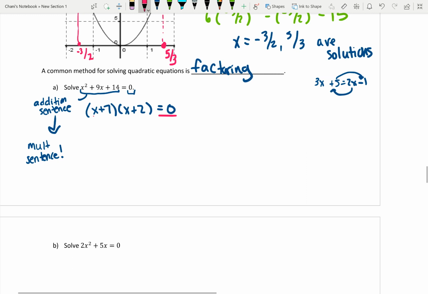So now I know that either this factor has to be 0, or this factor has to be 0. That's the only way for you to have something times something equals 0. So I can solve that x is equal to -2 or x is equal to -7, as I did graphically and as I did using technology.